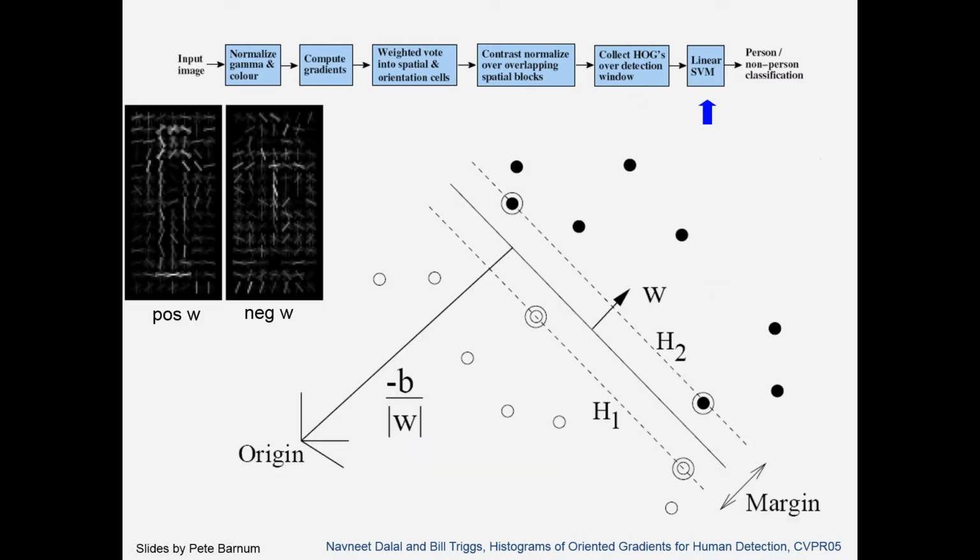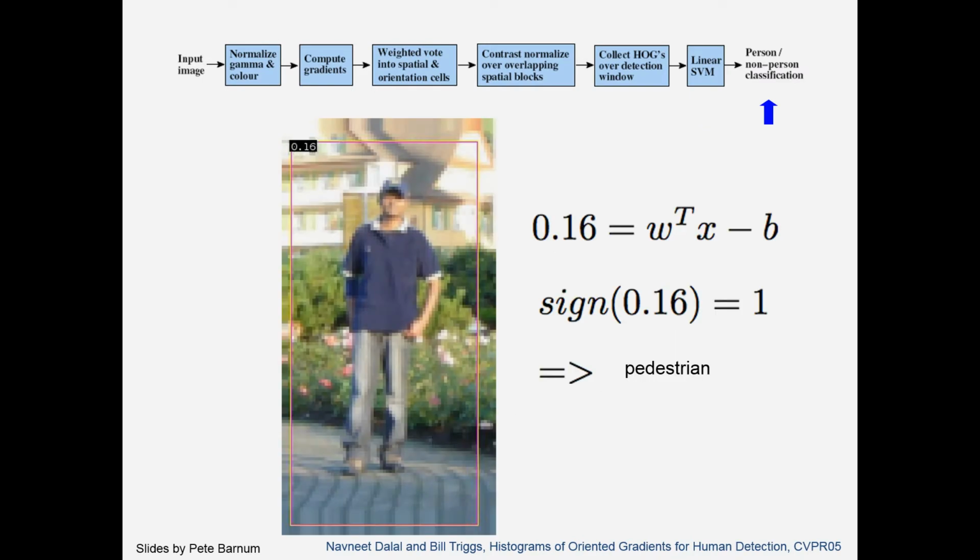Then you use that to go into the SVM, and of course I won't go into more detail on the SVM. You can just call it from a library. It's just a linear classifier. More or less, you can think of it as a neural network, but a single layer neural network.